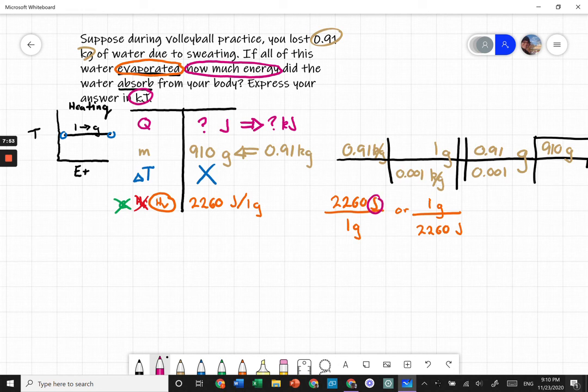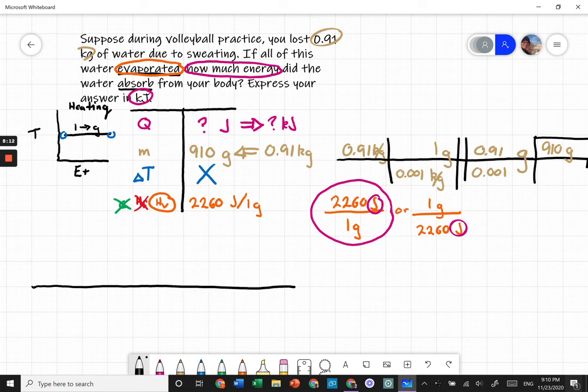So I'm going to circle the joules in my heat of vaporization. Because I'm solving for joules of energy, I'm going to use this first conversion factor because it has my joules on top. I'm going to start my ladder with those joules on top. I'm going to draw my ladder down here on the bottom, and fill in the very beginning, my 2260 joules per 1 gram. I'm putting the joules on top because I'll be trying to get my answer in joules.